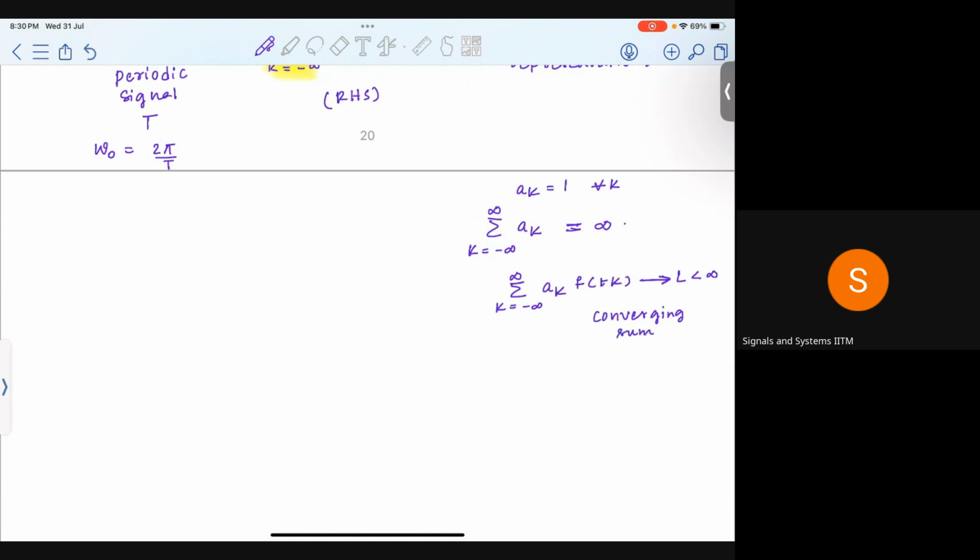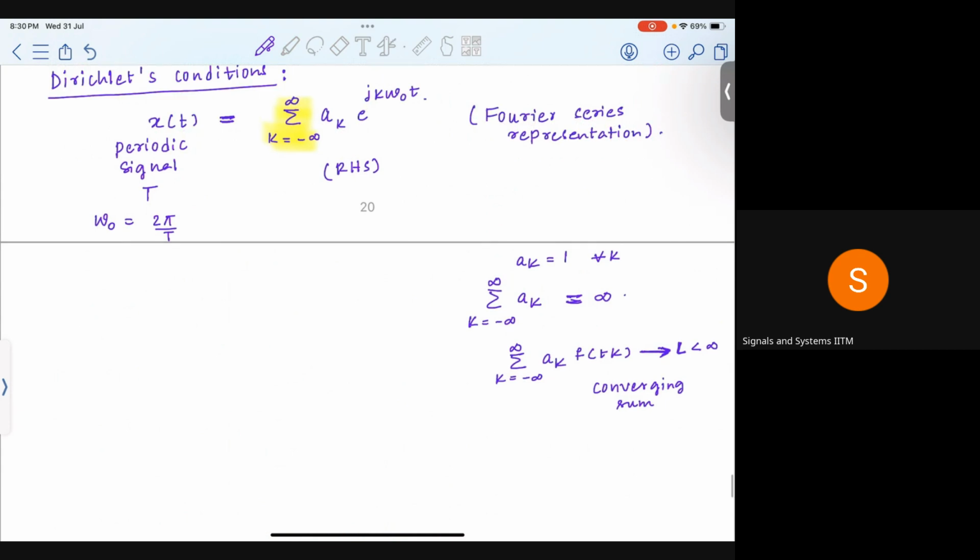In other words, the whole sum adds up to some constant L that is a finite value. Whereas in case of a diverging sum, when we say something is diverging, it implies the end value is going to be infinity. That is what we mean by something is diverging. Now, when you say that there exists a representation for x of t as a sum of infinite terms, okay.